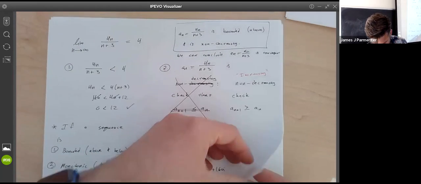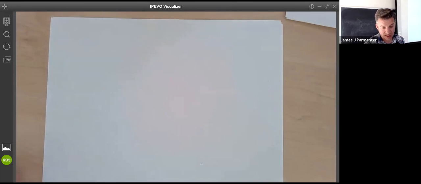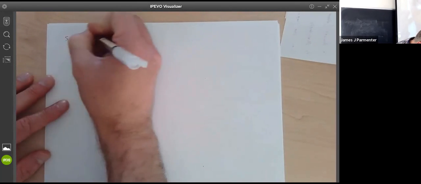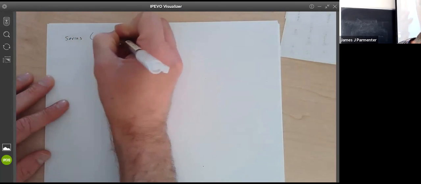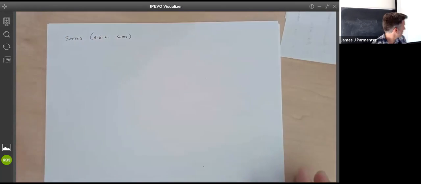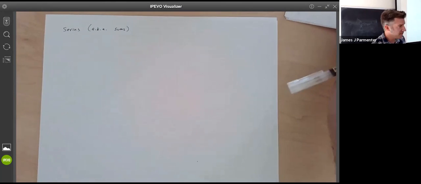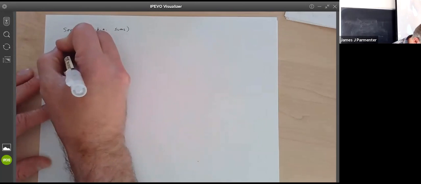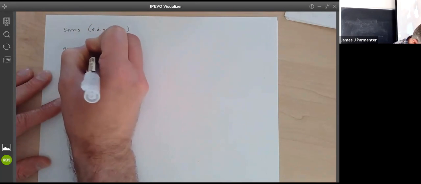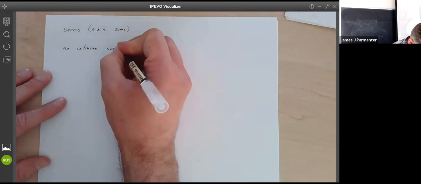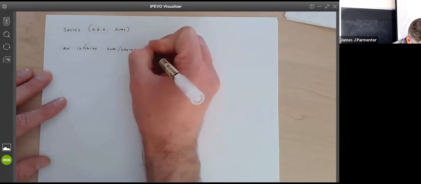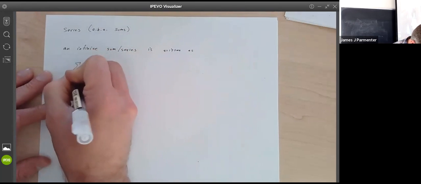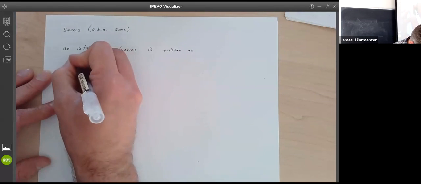All right, let's talk about series, also known as sums. Not that they have to be infinite, but most of the ones we're going to deal with in this class are infinite sums. So an infinite sum or series is generally written as the sum from n equals sometimes 1, sometimes 0.